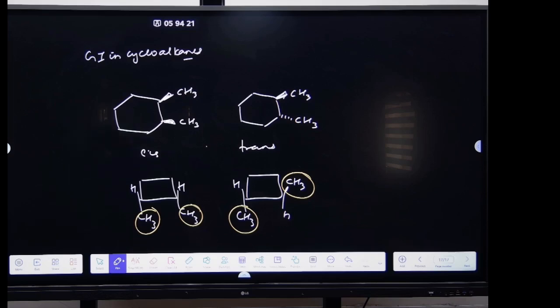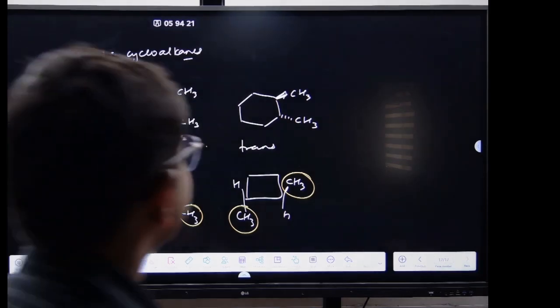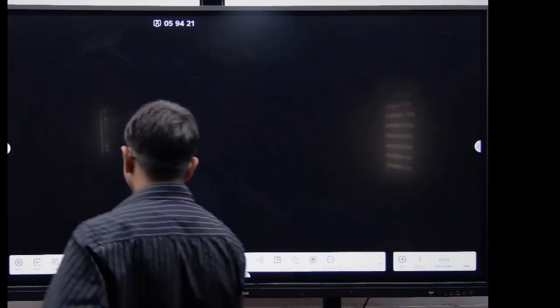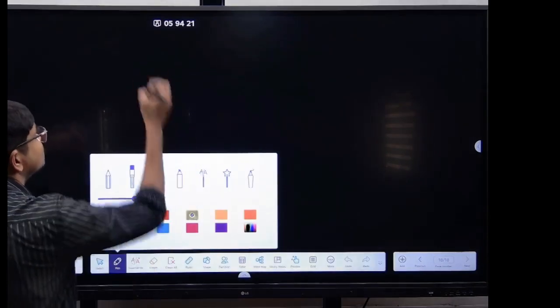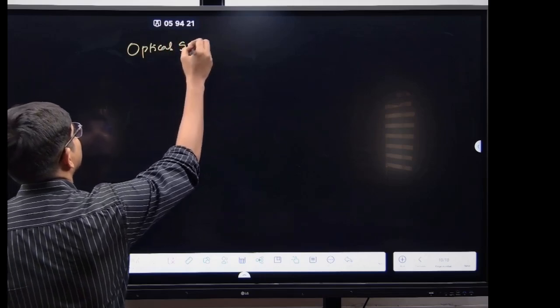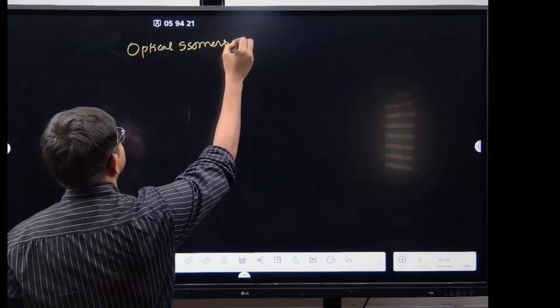Any problem? Now let's talk about optical isomerism. What do we mean by optical isomerism? See here, if you look at optical isomerism, what do you mean by it?